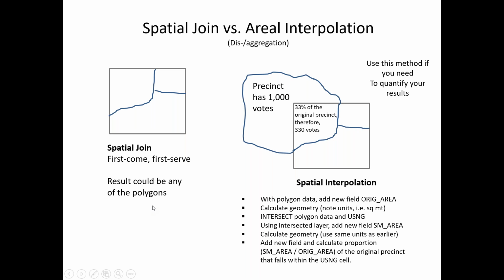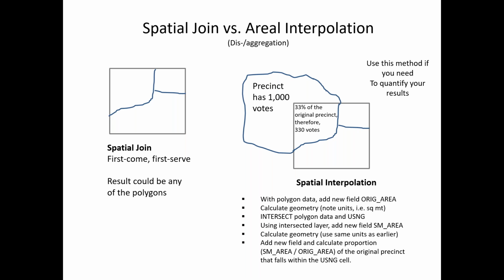And the answer is we don't really know, because I think the GIS just picks the one it comes to first. So the interpolation method might be a little better if you need to quantify anything or justify your results or count the votes or whatever it is that you're doing.